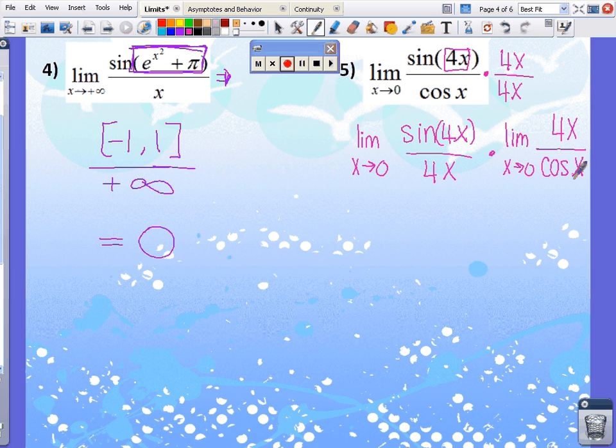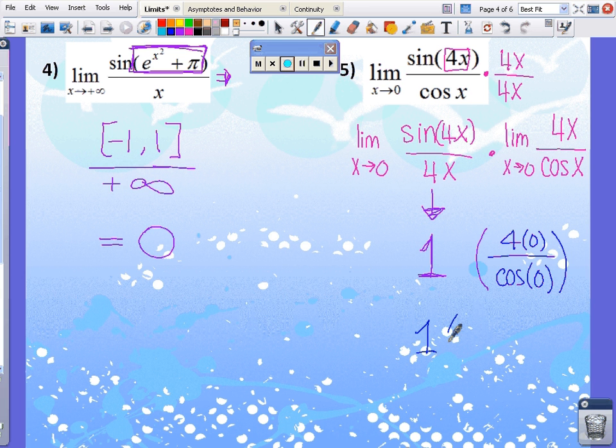We know that the first portion here, the limit value is 1. That's a rule that essentially you've come to memorize. And the second portion here, we're really going to do 4 times 0 divided by the cosine of 0, which gives us 1 times 1. So the limit value of this one happens to be 1.